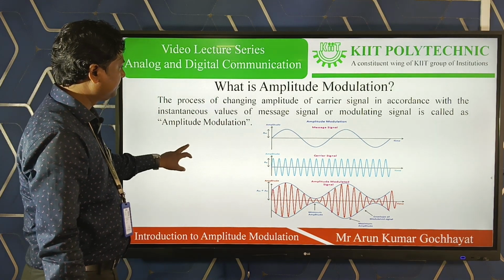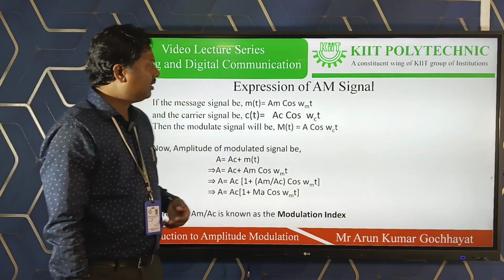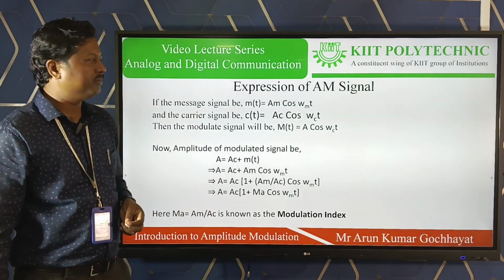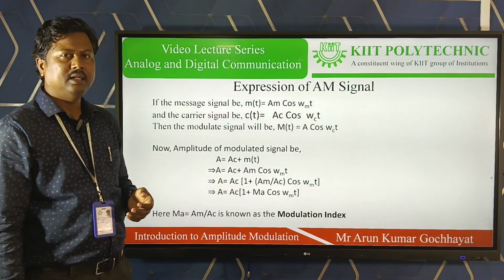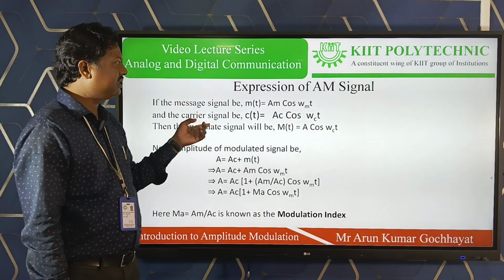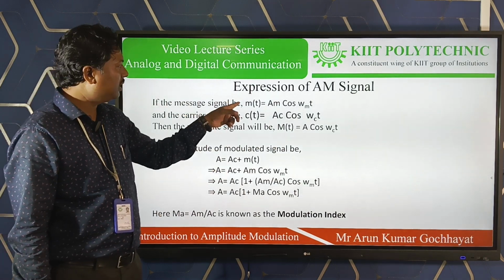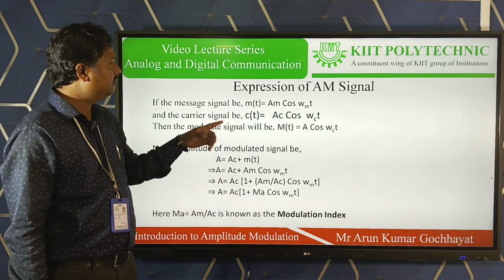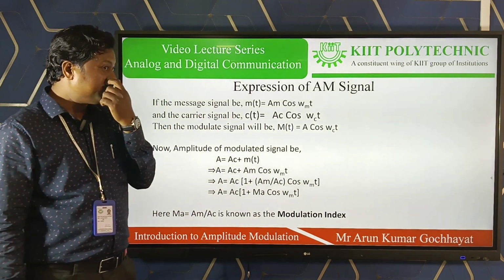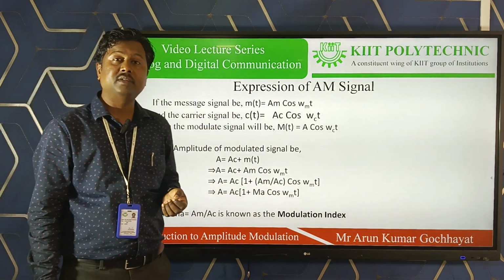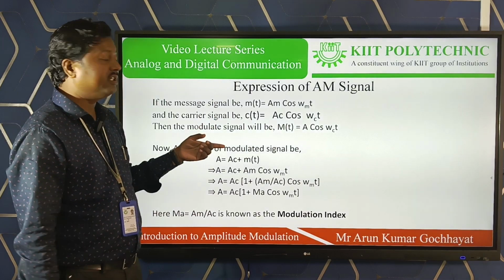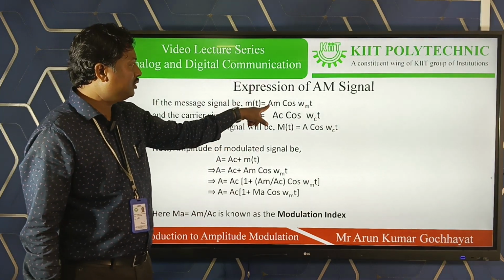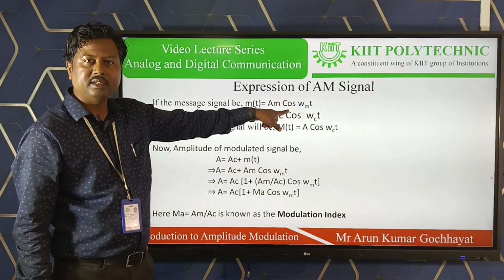Next, let us move to the derivation of the expression of the amplitude modulation signal. Now two signals are there. One is the message signal, which can be represented by small m(t), and a carrier signal which will be represented by small c(t). Our generalized representation of a sinusoidal signal is by its amplitude and a sine function.